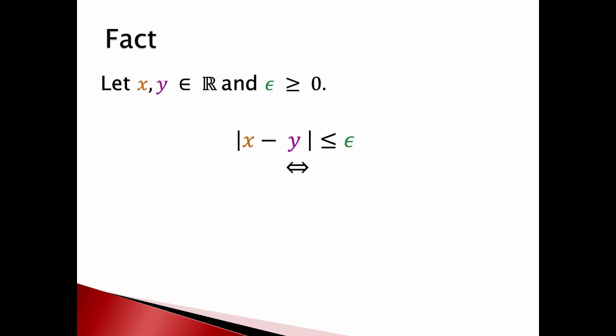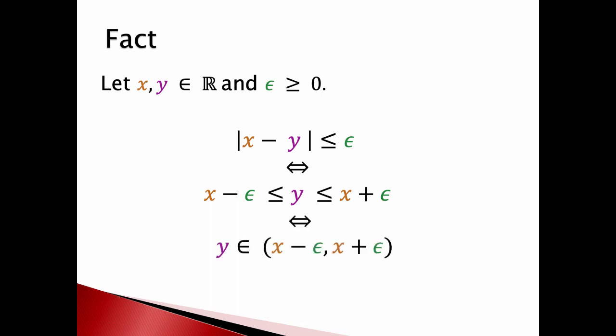Well, y can't be any more than epsilon away from x. So that means that y could be as small as x minus epsilon, or as big as x plus epsilon, but it can't wander very far away from the x. It has to be in this interval between x minus epsilon and x plus epsilon.